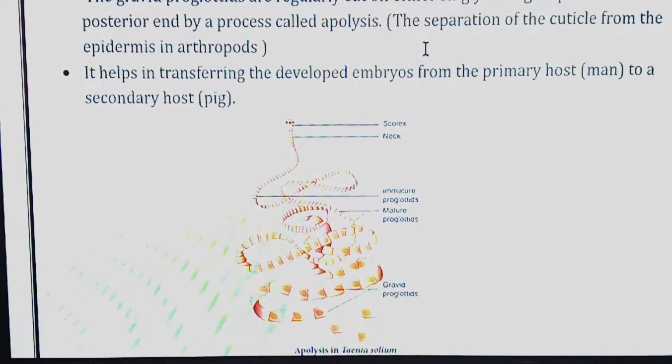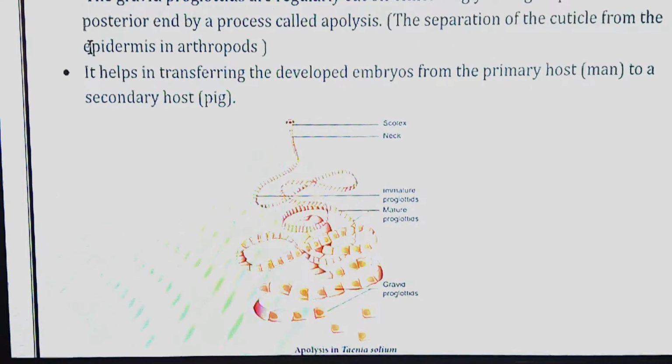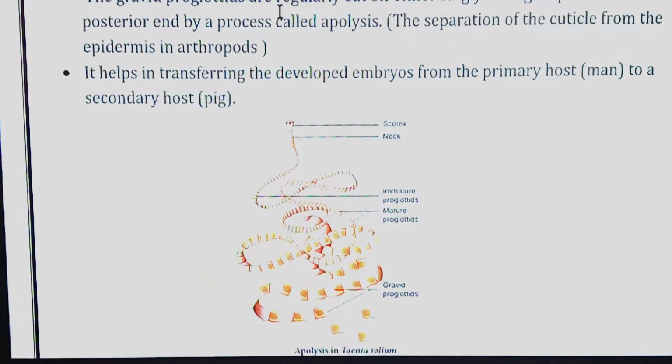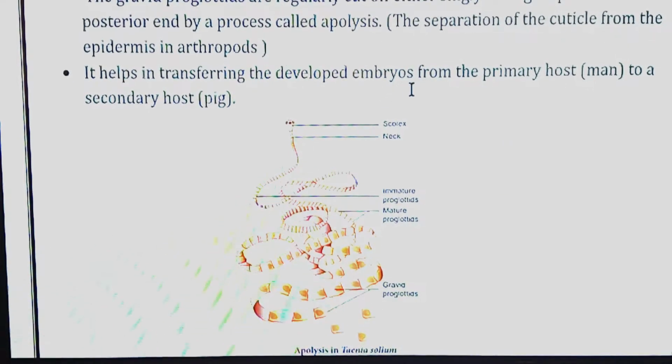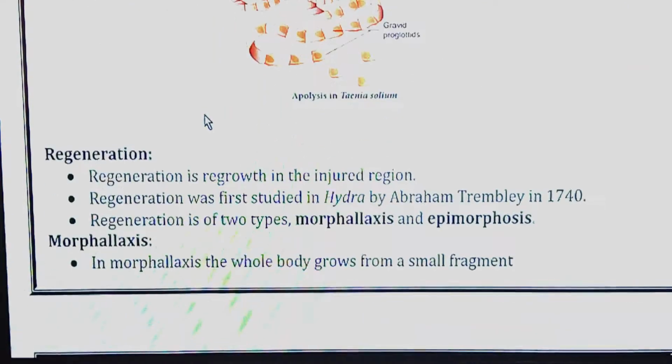Apolysis is nothing but the separation of the cuticle from the epidermis in arthropoda. By detaching themselves, these segments will be transferred from the primary host to the secondary host through the fecal matter. Inside the proglottid they have the embryos, and after reaching the secondary host, these embryos will develop into a new individual.